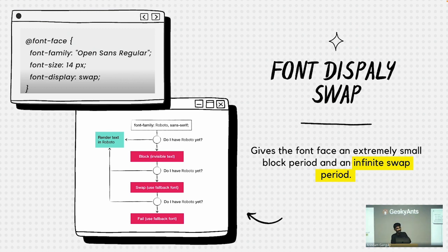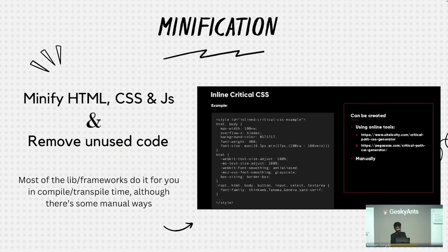It will start downloading in parallel, but it will not wait for the JavaScript or for this entire file to get downloaded and then load my content. Instead, it will first load the content with the default browser fonts, and once this font gets downloaded from the source, the default font in the web page will be replaced by this particular font family. This is one of the very useful scenarios when you are working with custom fonts.